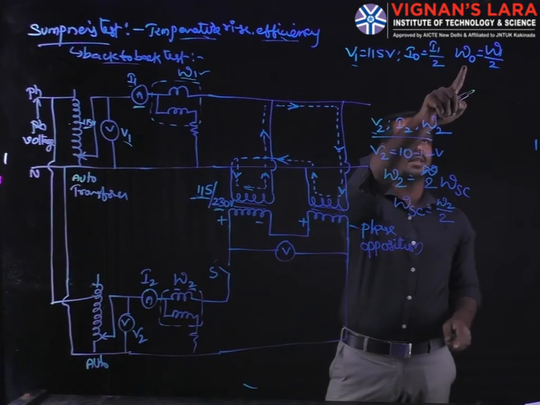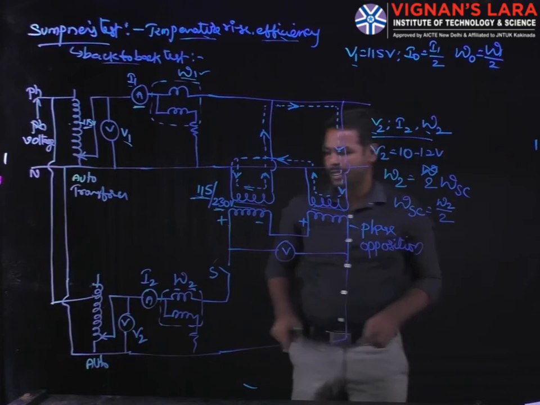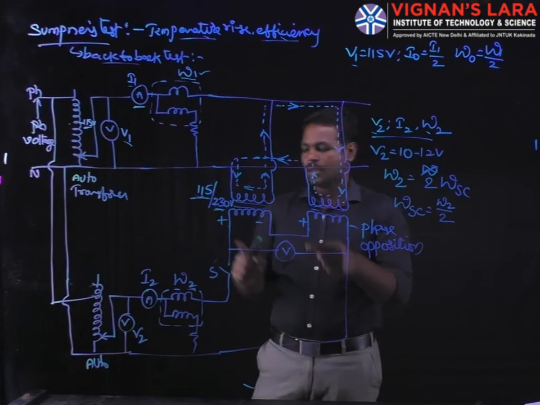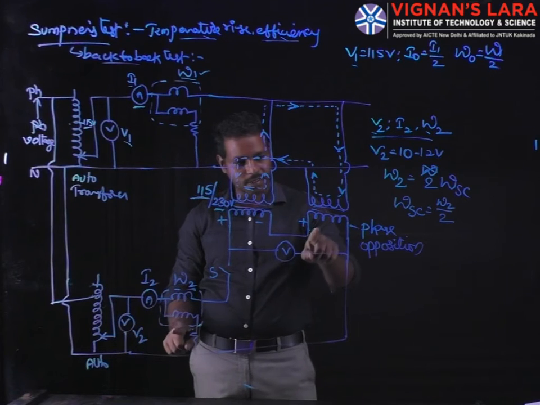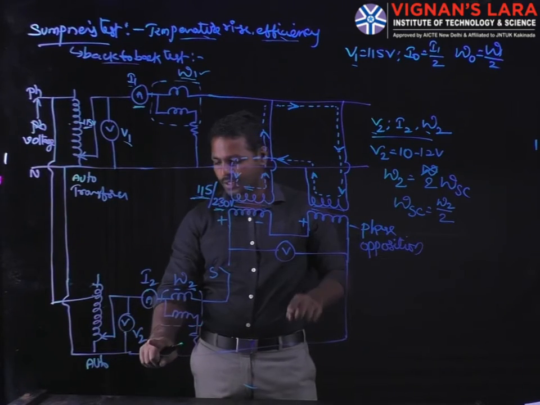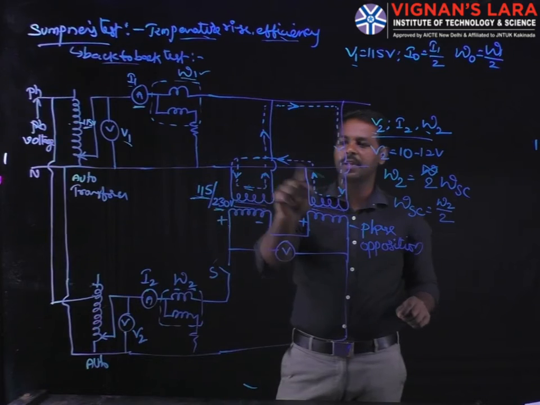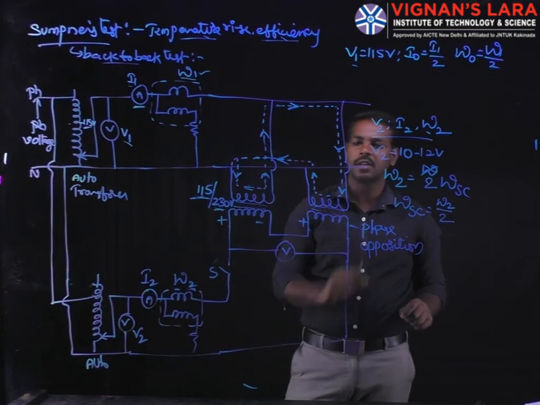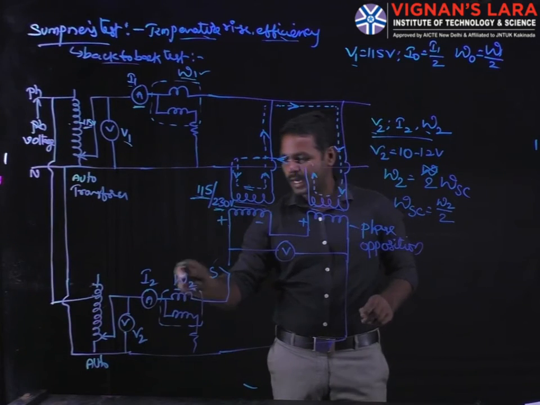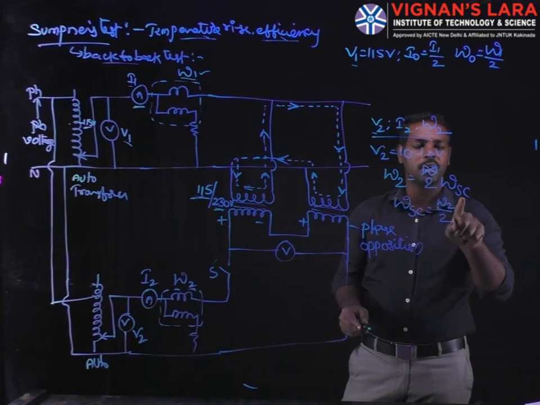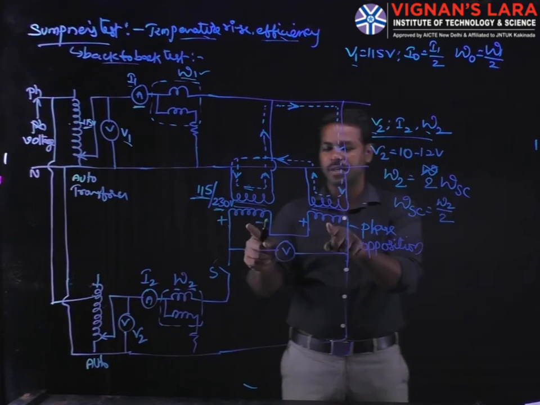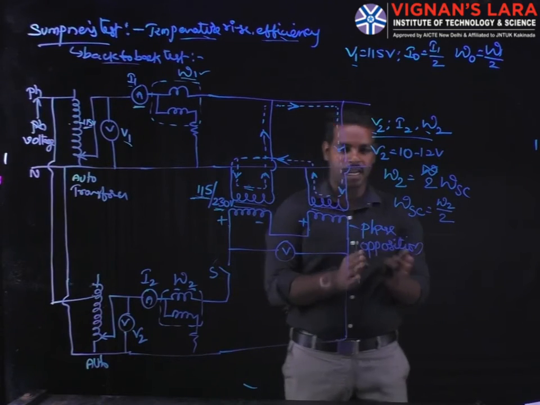Finally, W0 is equal to W1 divided by 2. In the second test, a small voltage is applied across the secondaries, so the corresponding primary side carries the short circuit current, and we get W2. W2 is always double the full load copper loss of a transformer, because these are two identical transformers.